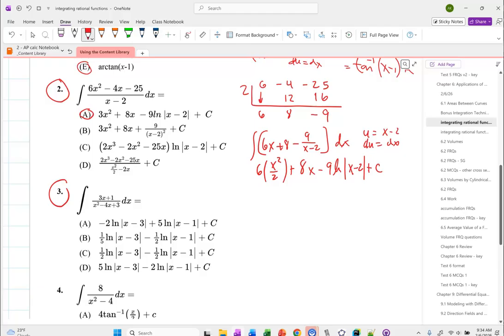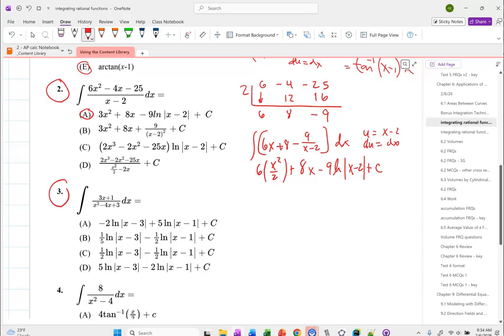So let me explain to you how I did this without actually doing it. I saw the degree of the numerator bigger than the degree of the denominator. Knew I was going to have to do division to do that. If I divide a quadratic by a linear term, I'm going to get a linear term plus the remainder piece.